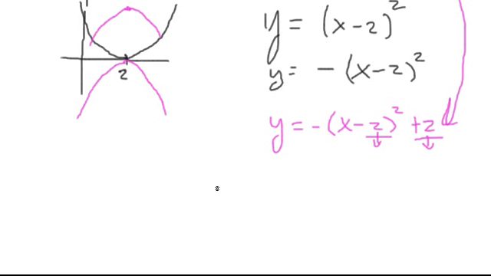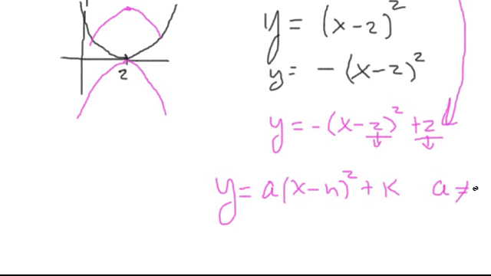And in general, and of course we'll be talking more about the vertex in the next section, this is the formula that you might see, where of course a is not equal to 0, and the vertex is the point h, k.